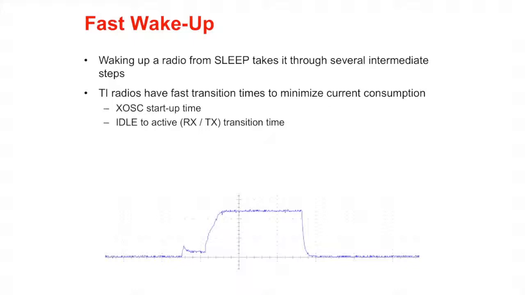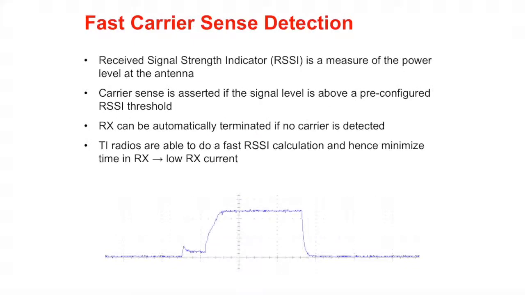TI's performance line radios have fast startup from sleep to idle, which is typically 400 microseconds for the CC112X and 300 microseconds for the CC120X, and from idle to active mode 166 microseconds, and are therefore highly suitable for low power applications. In addition to fast startup time, another factor which is just as important is the time spent in active mode.